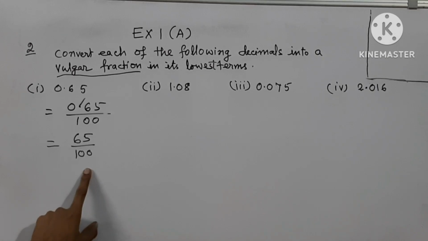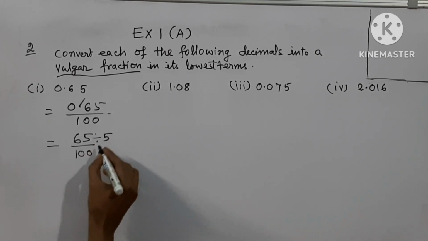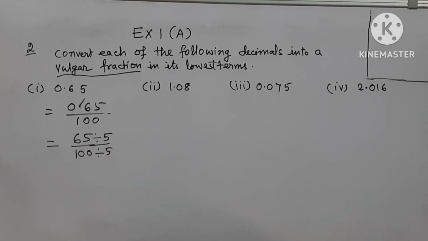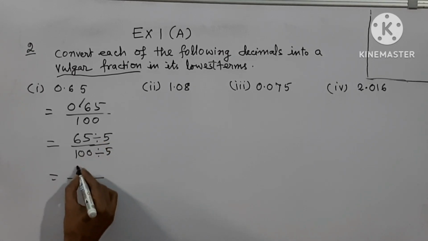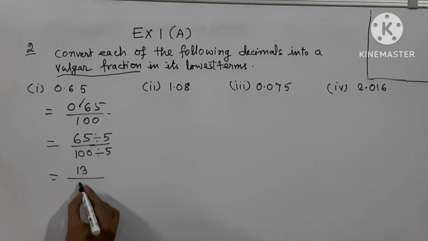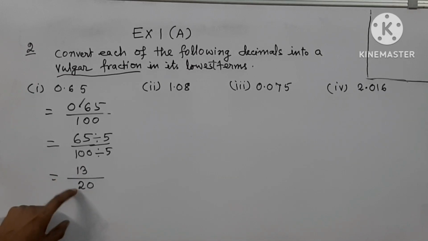No, it is not in lowest terms, because if you divide by 5 in the numerator and divide by 5 in the denominator also, then you get 13 5s are 65 and 20 5s are 100. Then 13 by 20. See, 13 by 20, and now there are no more common factors of 20 and 13.